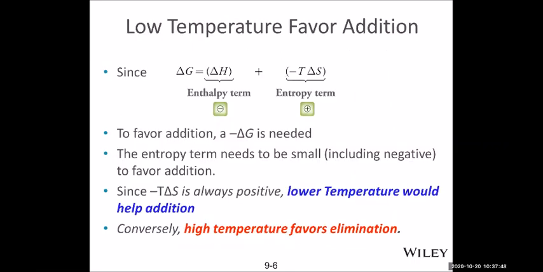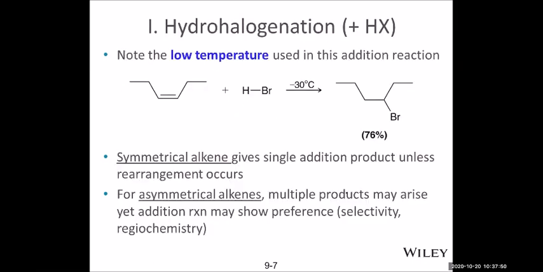Okay, so energy analysis. It's not that important in this chapter, so we can fast forward. The first reaction is hydrohalogenation. In this reaction the alkene becomes an alkyl halide. When we have a symmetrical alkene and add hydrogen bromide at low temperature, again, you can see addition reactions really like low temperature.